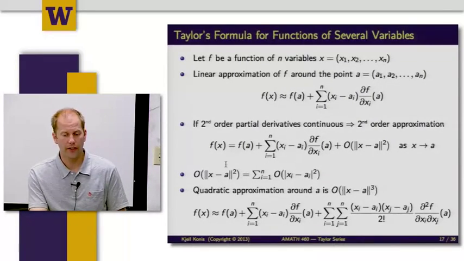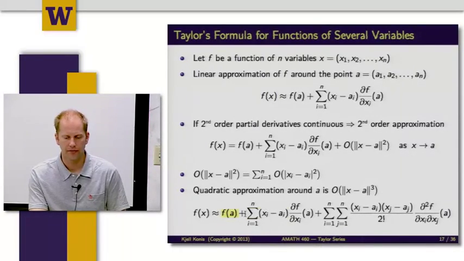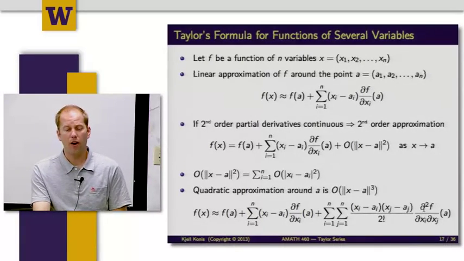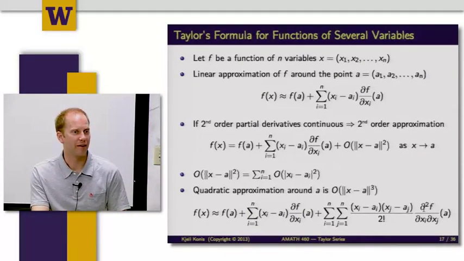And also for the quadratic approximation, now that this is getting a bit more complicated, I have f of a as my constant, so that's the one point where I know what the true function value is. I have the linear approximation that's the same as in my linear approximation up here. And now I have to do all of the mixed partial derivatives to get my quadratic term.